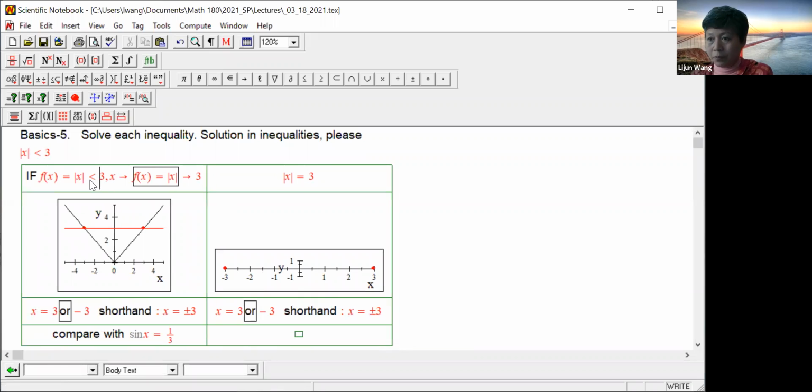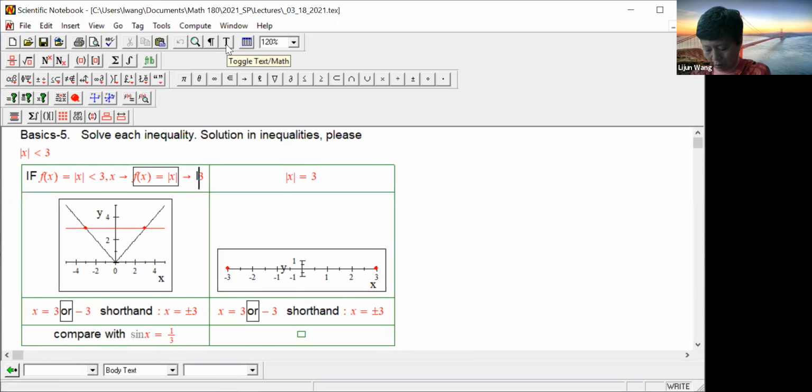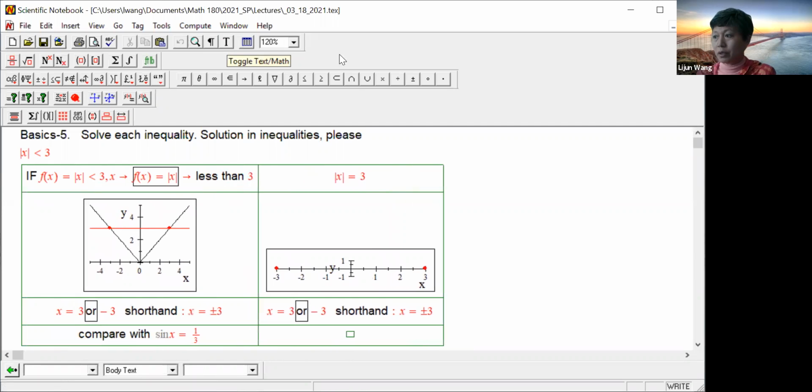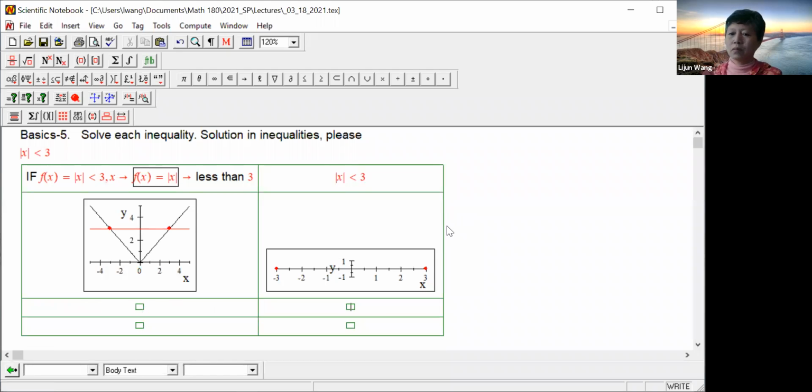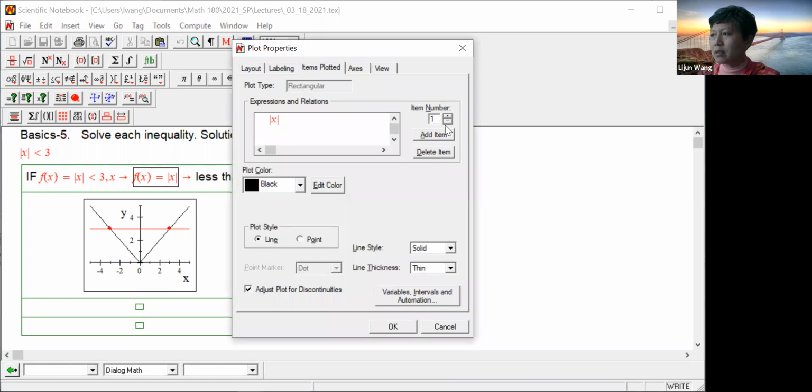less than 3. What is the interpretation? Of course, this is not the interpretation, so I'm going to make some adjustments.